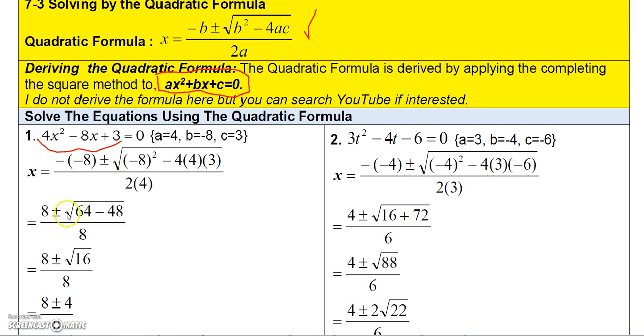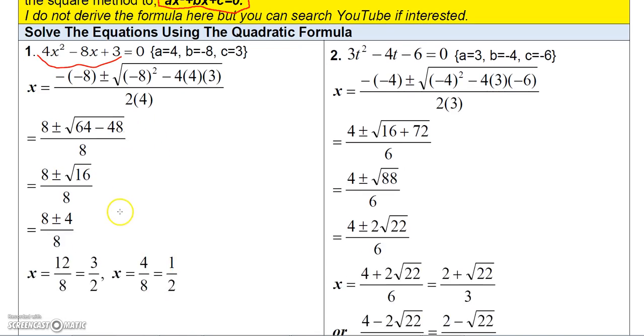And then we have plus or minus the square root, and when we square negative 8, we're going to get 64. And then when we subtract this, we're going to get minus 4 times 3, so that's going to be minus 48. And I almost forgot here, in the denominator is 2a, so you're going to have 2 times a, and since a is 4, that's going to be 2 times 4. So we're going to have 8 in the denominator.